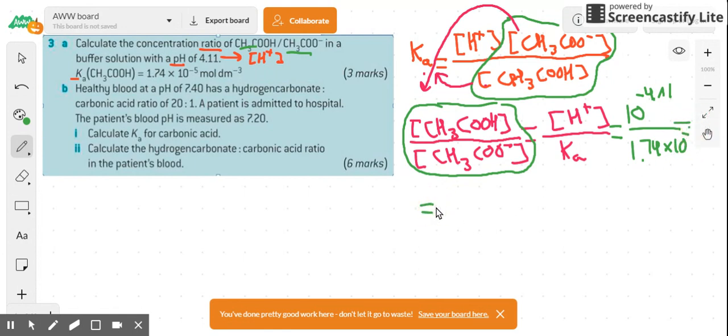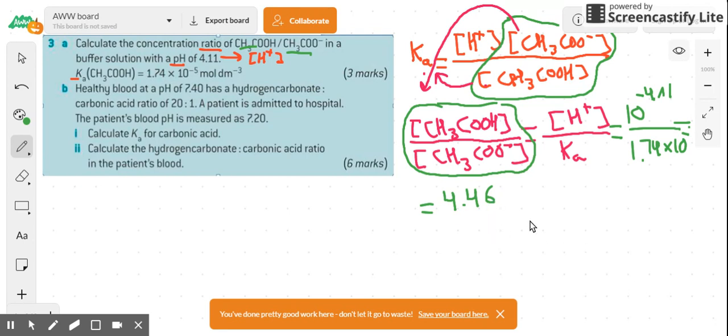So that equals 4.46 to three significant figures.